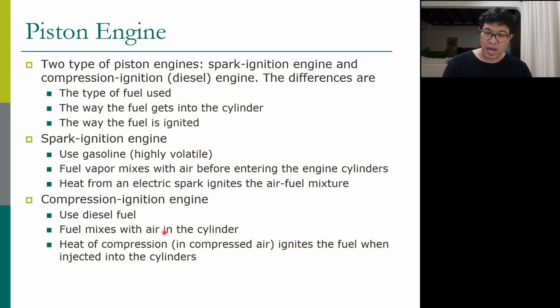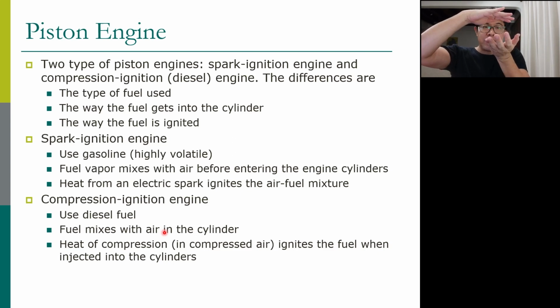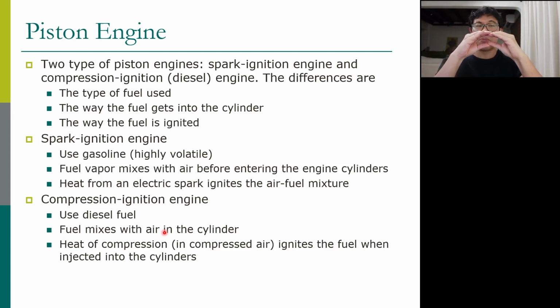During intake and compression, we only have air inside, no fuel. But we compress a lot, such that the air inside the compression chamber is very hot, with high pressure and high temperature. And then after that, we inject diesel into the cylinder. So the fuel mixes with air in the cylinder after the compression stroke.